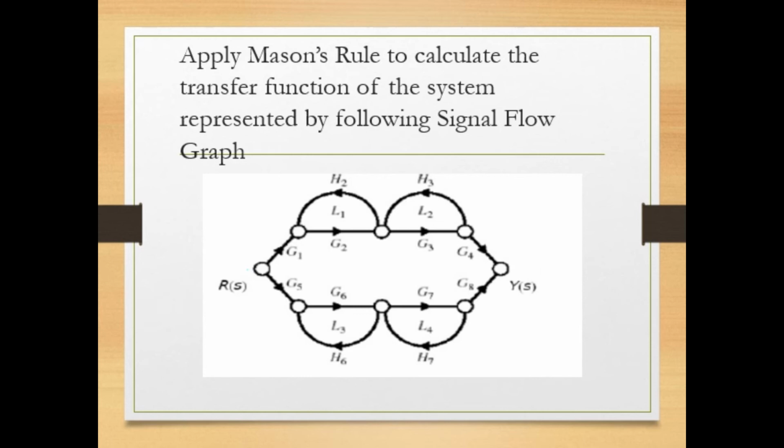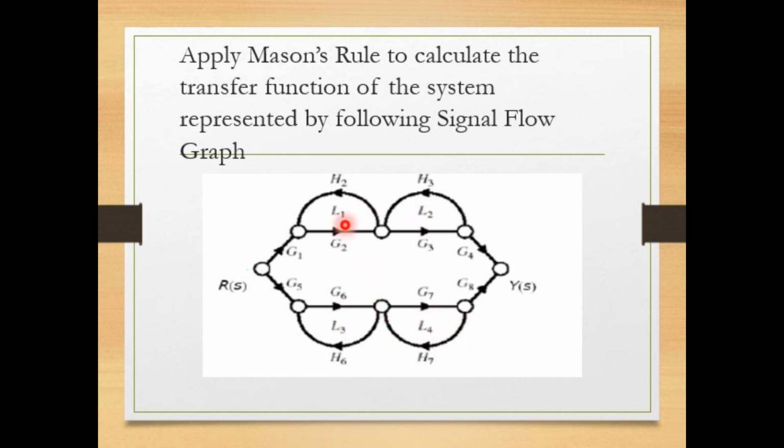If you see here, we have R of S as our input node and Y of S as the output node. You can observe there are two paths. One is along G1, G2, G3, G4. This is the one branch gain. The second branch gain is G5, G6, G7 and G8. We have four loops. This is the first loop, second loop, third loop and fourth loop.